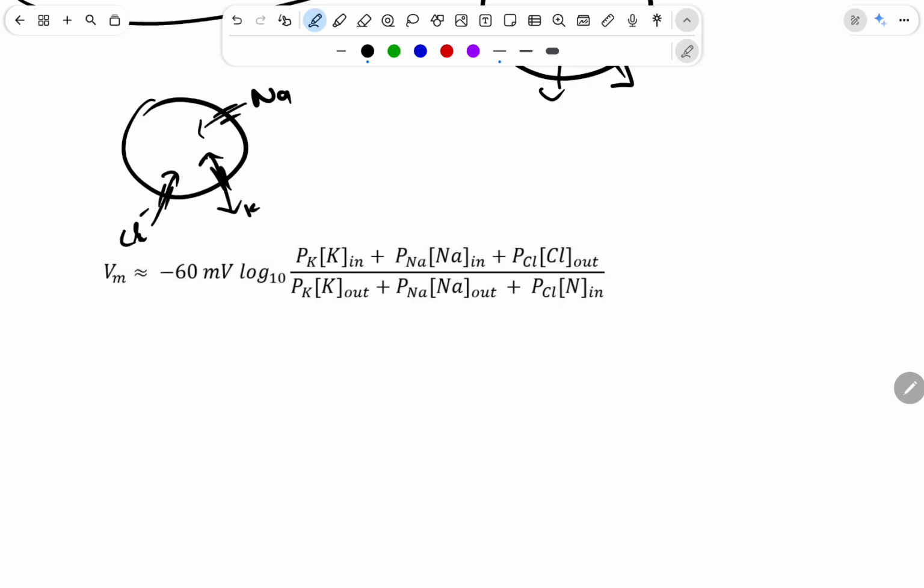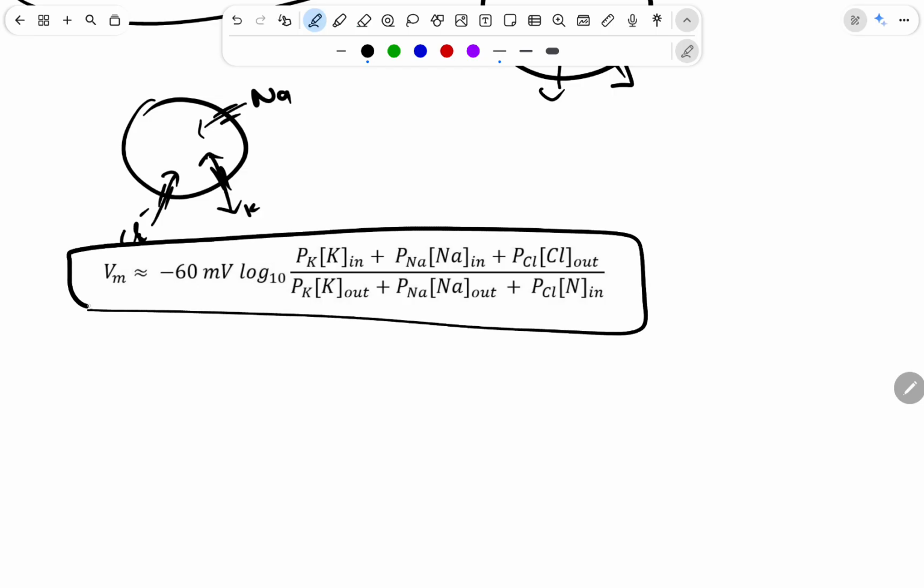Perfect, right? So if we take all of these into account, we will have a better equation where membrane potential is equal to minus 60 millivolts log 10 of the concentration of the potassium ion inside by outside plus all of this sodium chloride.